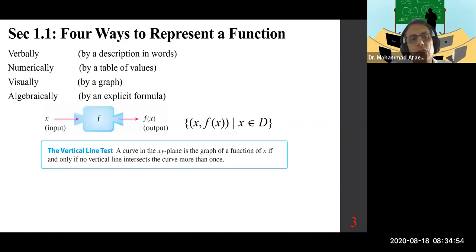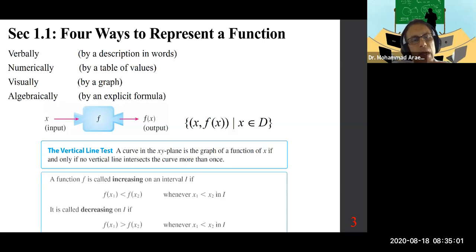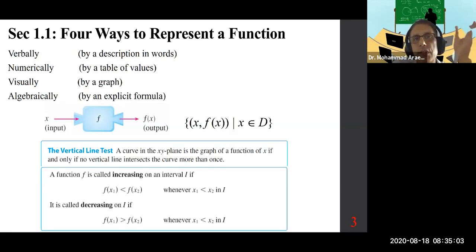One of the things we use is a vertical line test to see if we are dealing with a function, okay? And a function is considered increasing, in short, when x goes up, so does y. That would be the definition of an increasing function.